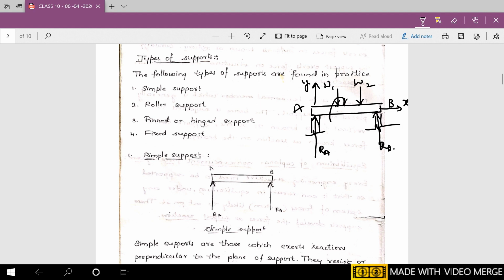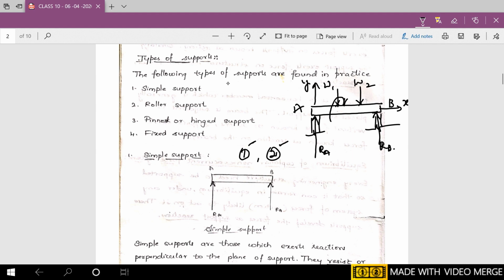So one rotation is also possible. Here in simple support there is only one restriction, one translation restriction, and two motions are possible: one translation and one rotational motion.